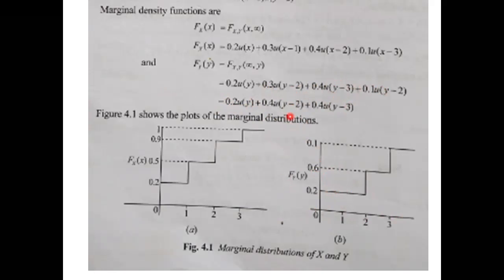At 2, what is the distribution function? 0.4 plus 0.2. So that will be 0.6. Okay, ma? So at 3, what is the distribution function? 0.4 plus 0.4 plus 0.2. That's why at 3, the distribution function becomes 1.